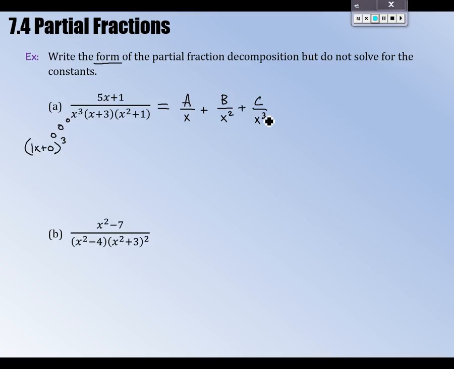The x plus 3 is another linear factor. We can do with just one constant in the numerator over an x plus 3, and we're done taking care of that one. We still need something to deal with the x squared plus 1. If you're looking carefully at the last slide, what do we need to write upstairs?